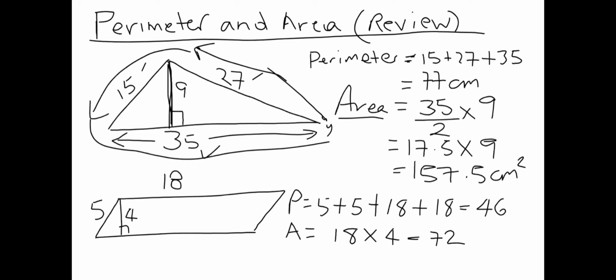We have 2 short sides and 2 long sides: 5 plus 5 plus 18 plus 18, which is equal to 46. If it was in centimeters, we would say 46 centimeters. And if it's meters, it will be 46 meters.